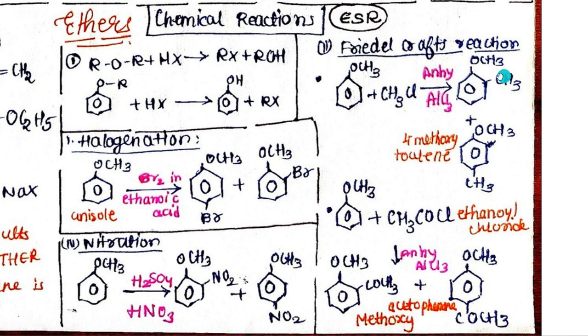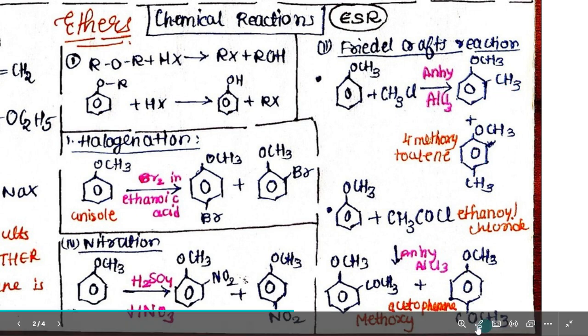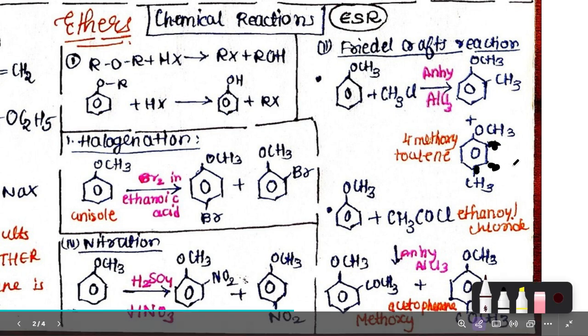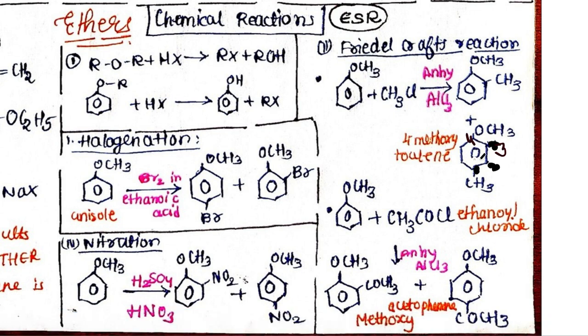As you can see, this is toluene, a benzene ring with CH3. If this methyl-bearing carbon is the first, then second, third, and this becomes fourth, so this is 4-methoxytoluene. Similarly here, if the methyl-bearing carbon is the first, then this is the second.